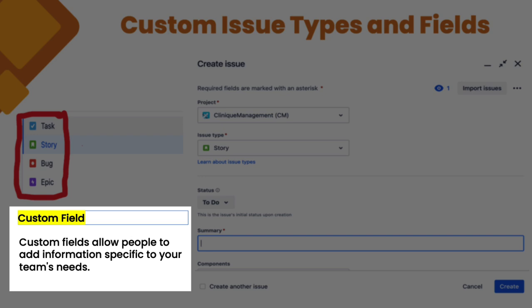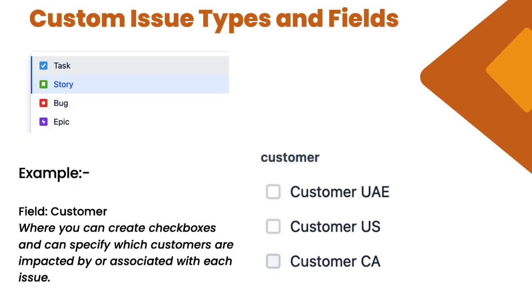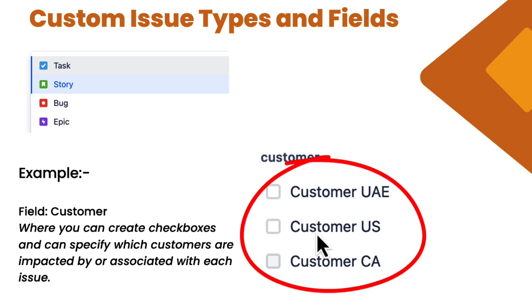I'll take an example to make things clearer. Consider adding customer-specific details to your issues. If your product caters to 3 distinct clients and you're looking to enhance the issue tracking for stories, one practical solution is to integrate checkboxes in the story issue type. This approach enables clear specification of which customers are impacted by this particular story.